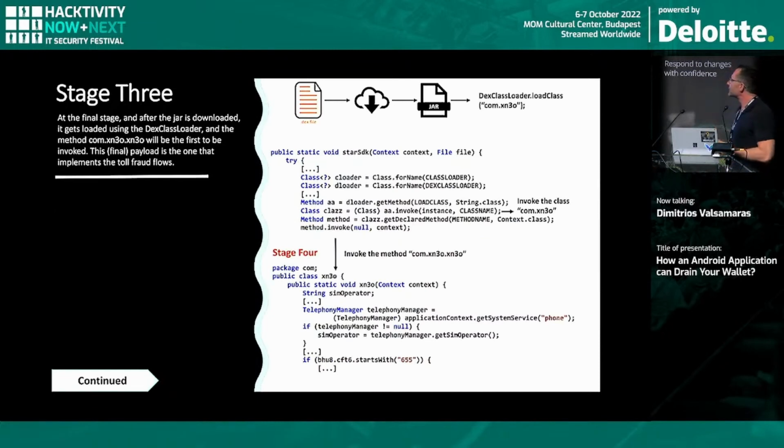And it will load this file by using both Java reflection and the DEX class loader. And finally, as the last step, this file will check if the SIM operator is compatible, is targeted, and start the steps that I showed you in the first slides.